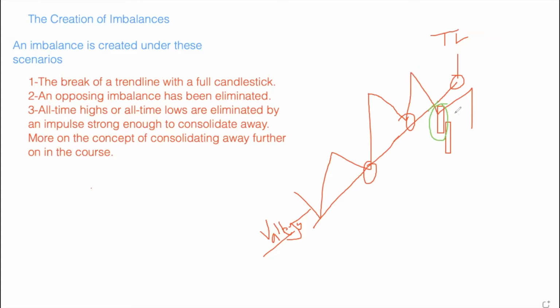So what will happen after that, you expect price to go back and test the area. Maybe the area will be here. Test the area, and then after that, price will go down.